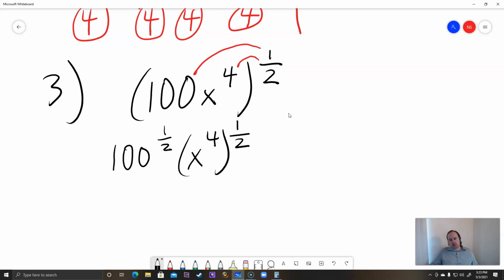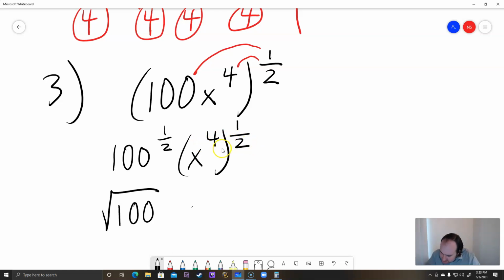All right, and then remember, anything to the 1/2 power is the same as the square root. So 100 to the 1/2 power is the same as the square root of 100. And then for the x to the 4th to the 1/2 power, what we can do is multiply these exponents.